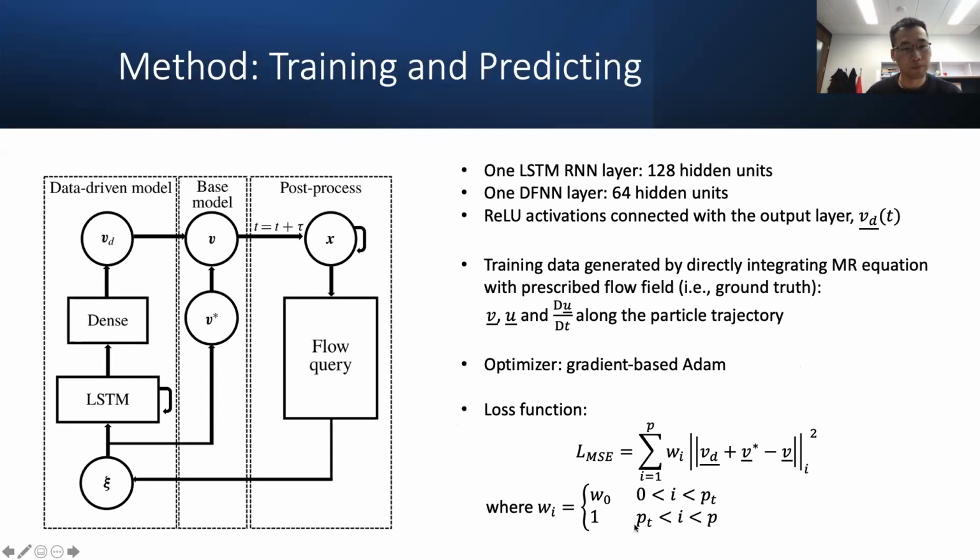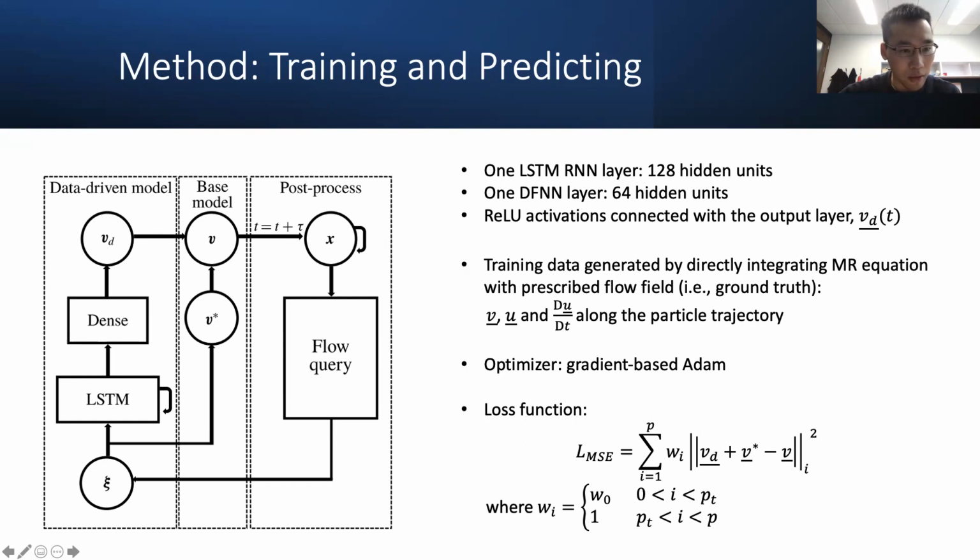So the training strategy that they have is as you can see on the left. Basically, they're employing the standard LSTM recurrent neural network to learn this VD, which is the correction that would make their reduced order model closer to the MR exact solution.